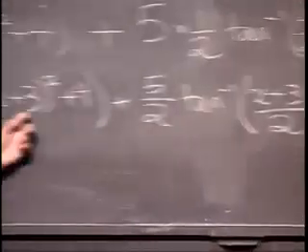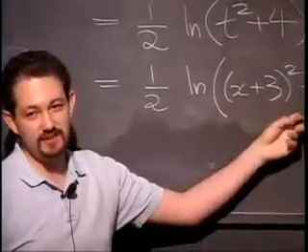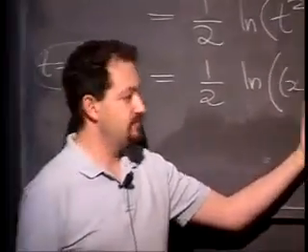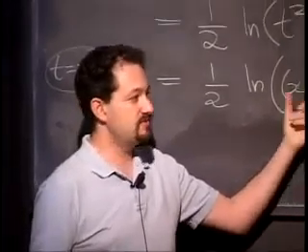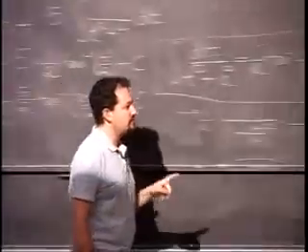The only thing left is to expand this. Now, you could just expand it and simplify it, but you don't really have to because you've already done it. Let's look back over here where we completed the square.